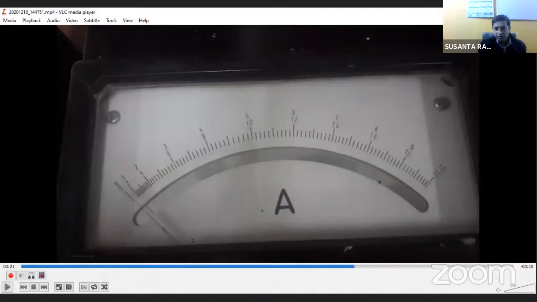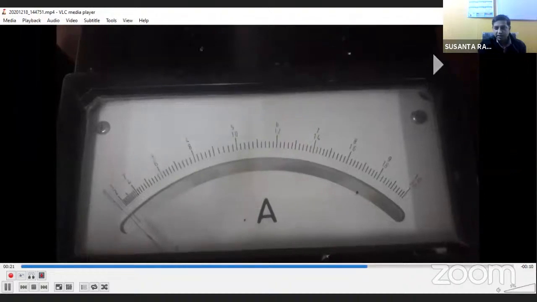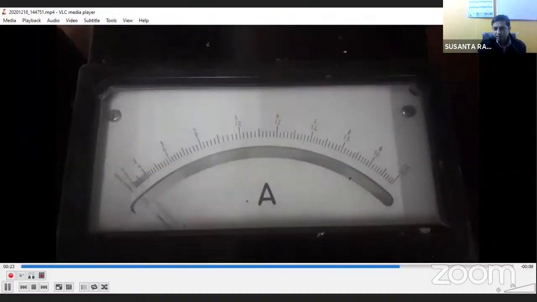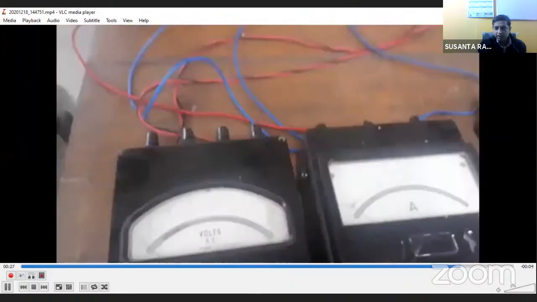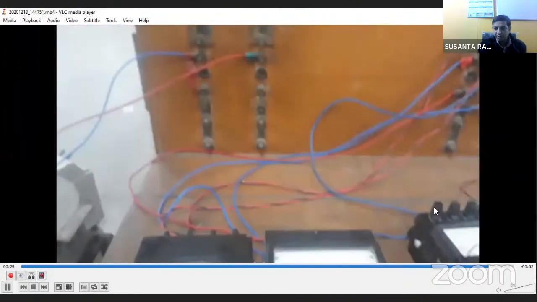Here the rated current will be very high, so we have to take a higher range ammeter, unlike the open circuit test. So these two meters, voltmeter and ammeter, you have to change. For the wattmeter, we have to change the terminals only. You have to change the current coil and pressure coil only.